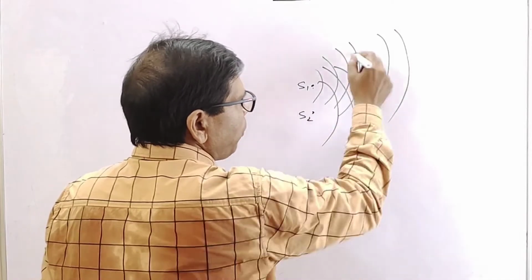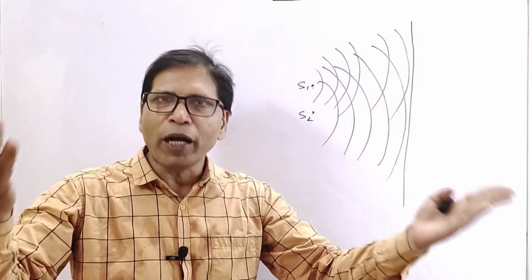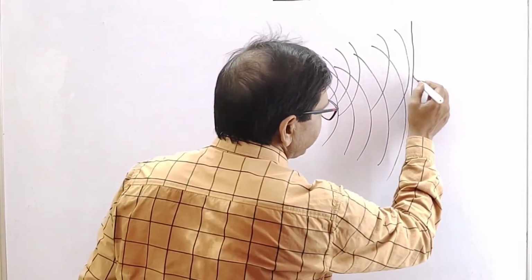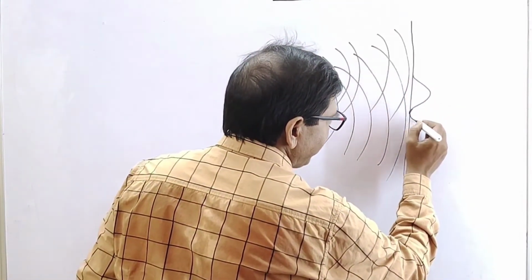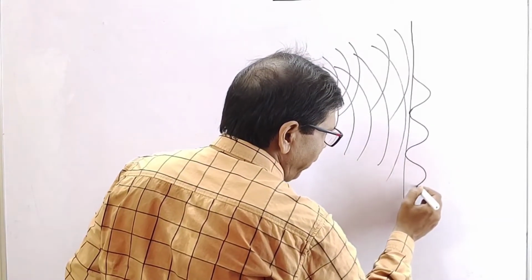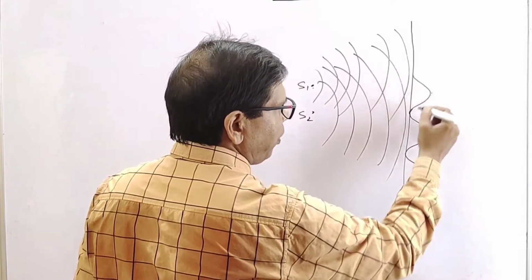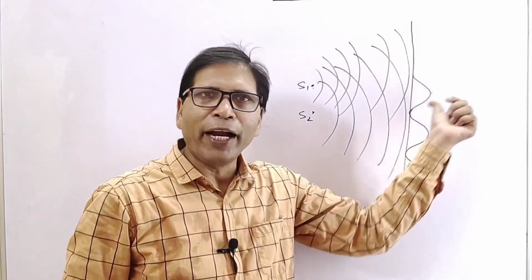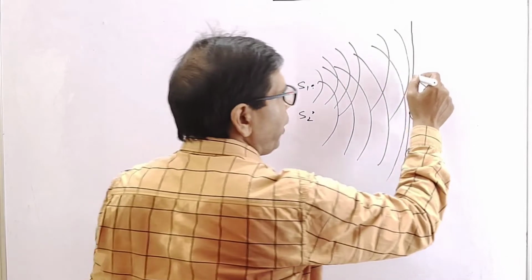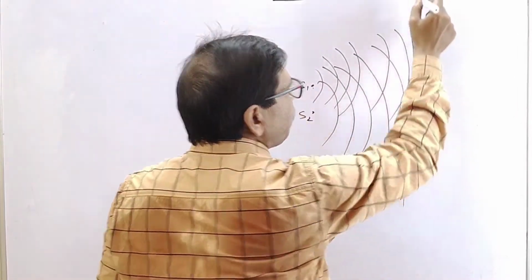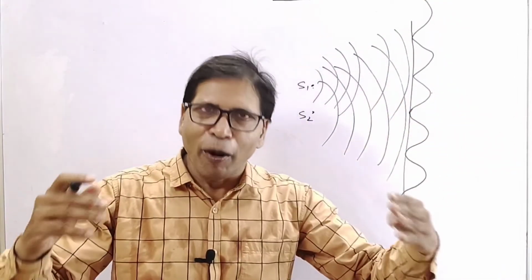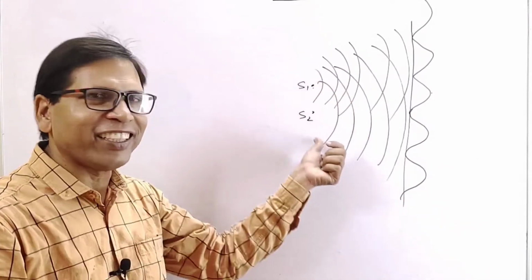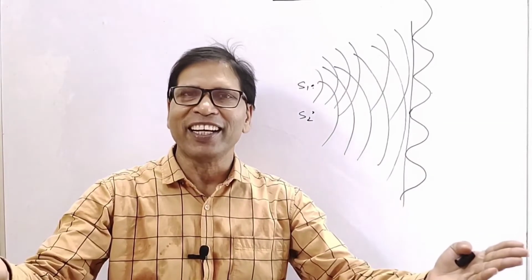Due to superposition, the intensity at a particular point is maximum and at another point is minimum. Look at this point maximum, minimum, and other points are somewhere between maximum and minimum. So this phenomenon of non-uniform distribution of intensity of resultant light is known as interference.